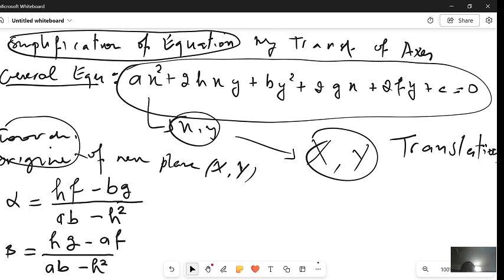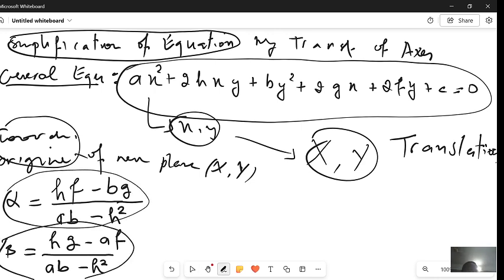So if I'm doing translation, I have to determine the origin of the new plane, alpha and beta. I just determine the value of h, the value of f, and the value of a and b, and we put them in the formula.